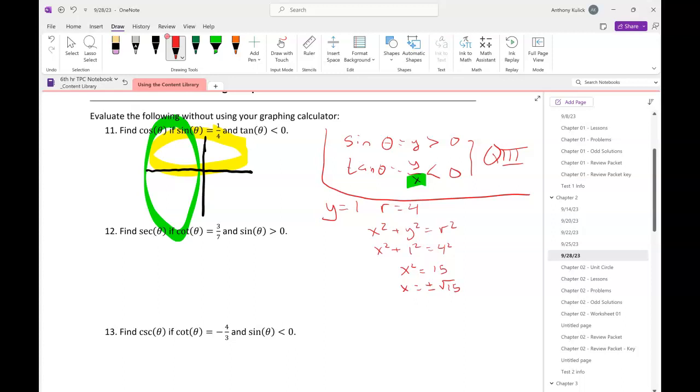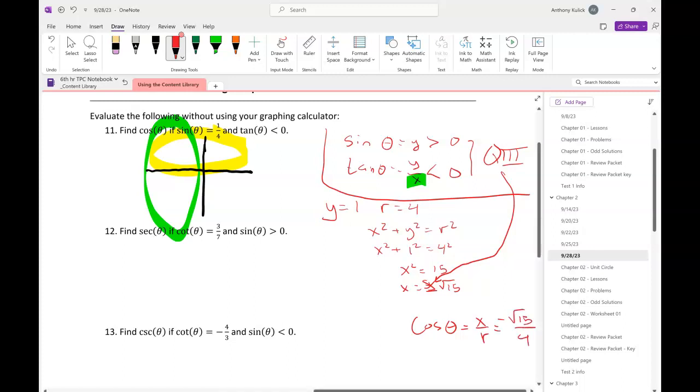Now, because we're in quadrant 3, x needs to be negative. Now I have everything I need, because cosine theta is x over r. So that's negative root 15 over 4. Should we do another?